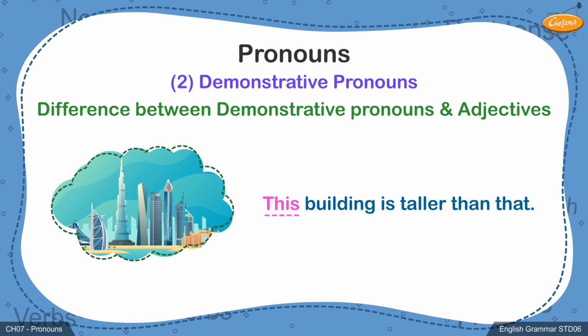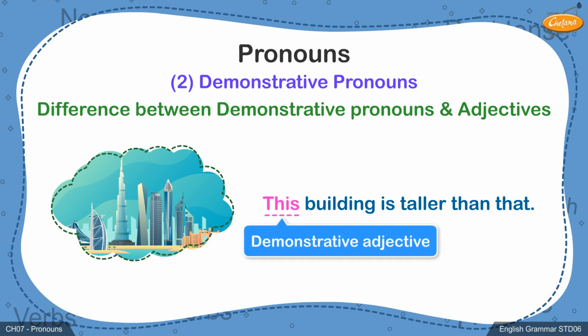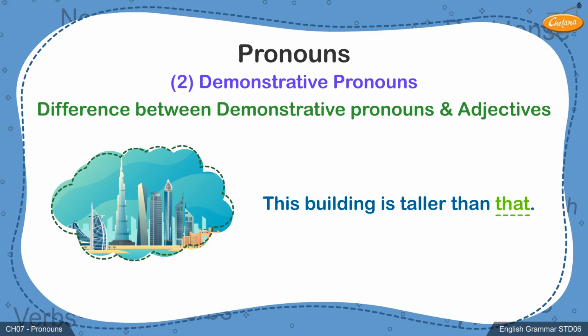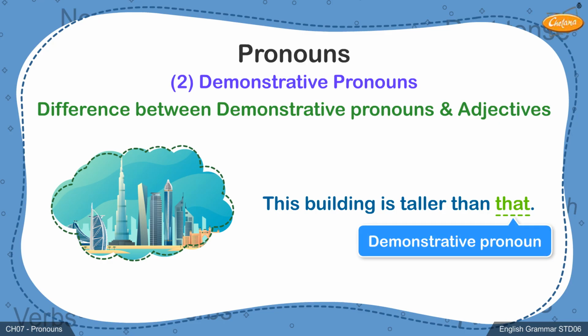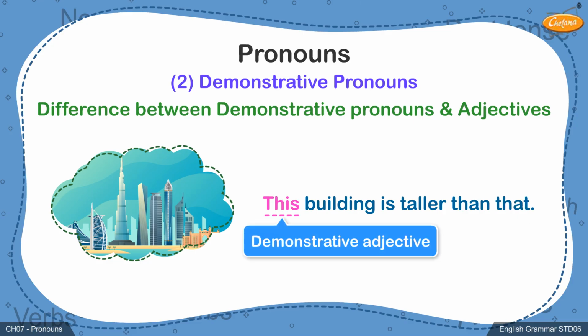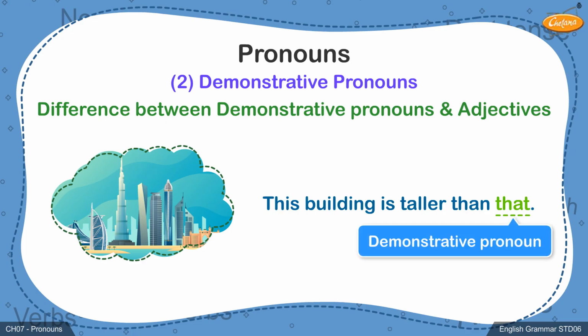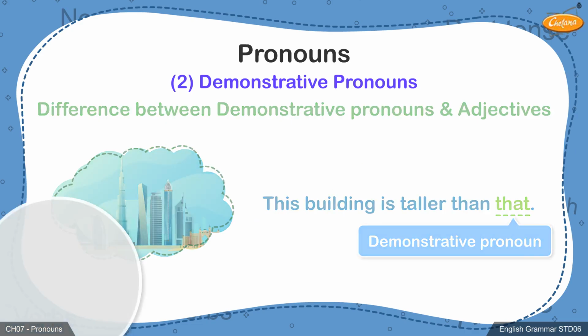In this sentence, this is a demonstrative adjective because it adds more meaning to the noun building, whereas the word that is simply used to refer to another building directly instead of another noun. Therefore, that is a demonstrative pronoun. Thus, a demonstrative adjective is always followed by a noun. With a demonstrative pronoun, the noun is understood.